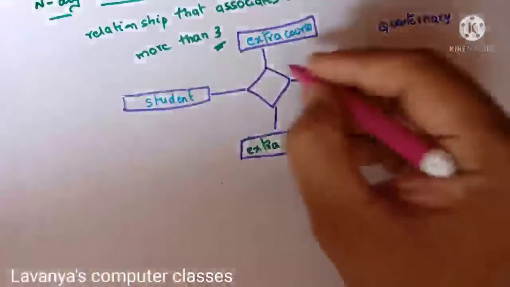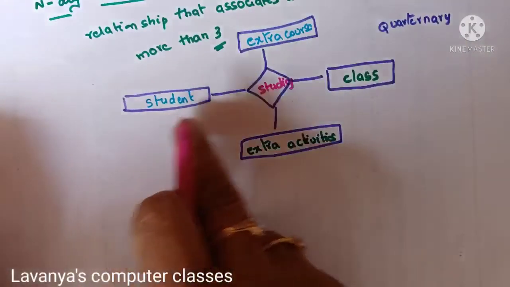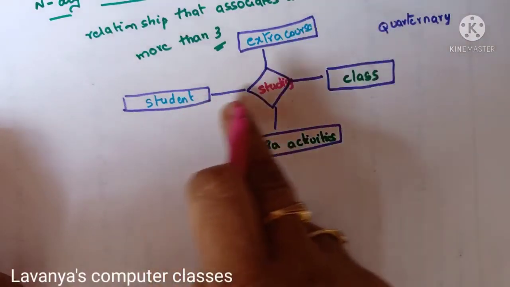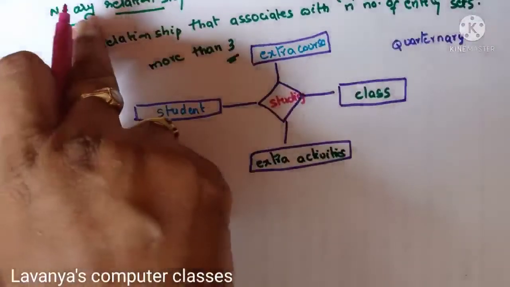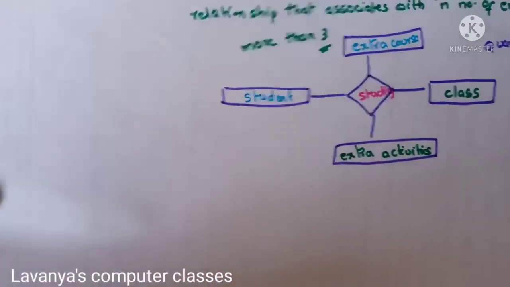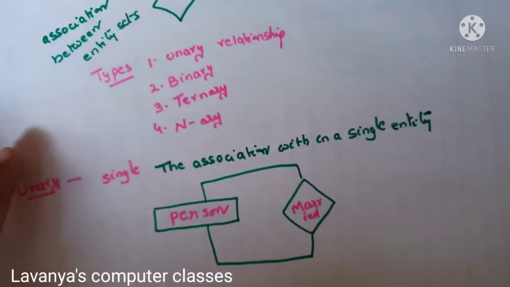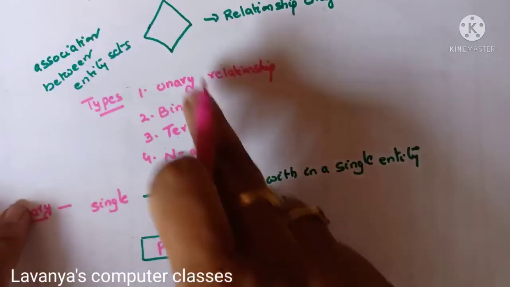So what is the relationship of all these? Studies. The student studies regular classwork, the student studies extra courses, the student learns some extra activities. So in this relationship there are 4 entity sets, all related with one relationship. So these are the types of relationships.